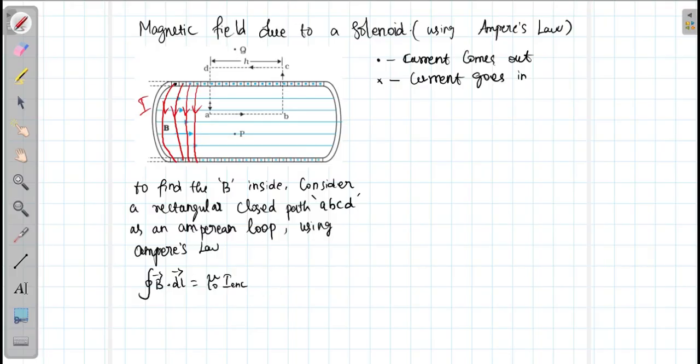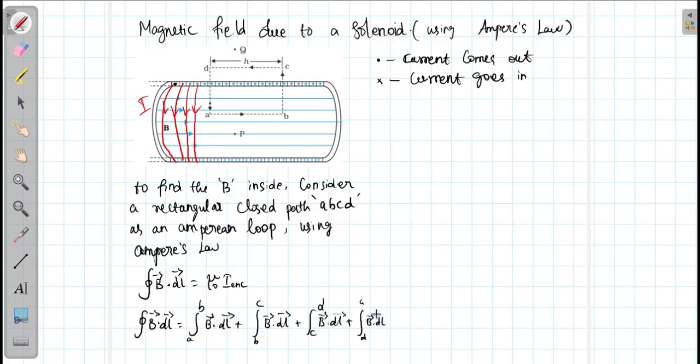The integral of B dot dl is split into the integral from A to B of B dot dl, plus the integral from B to C of B dot dl, then from C to D of B dot dl, then from D to A of B dot dl. So we have made four different integrals.